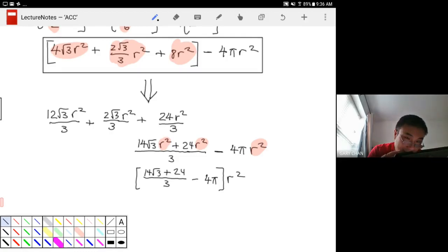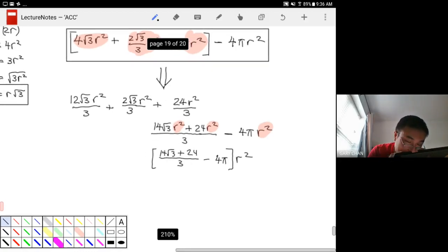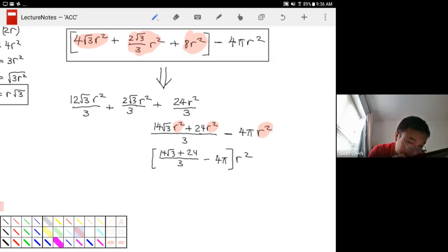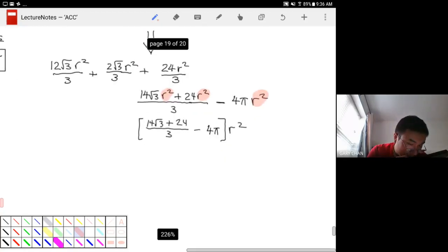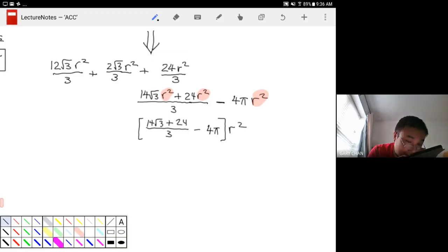Okay? And we can make it look even nicer. I can create a common denominator here. What do I multiply 4 pi by to create common denominators? 3 over 3. That's right. So I'm left with 12 pi over, at last, 14 radical 3 plus 24 minus 12 pi, right?